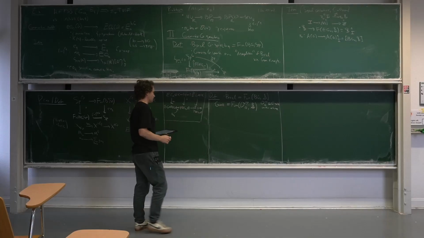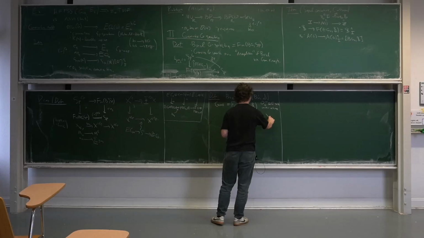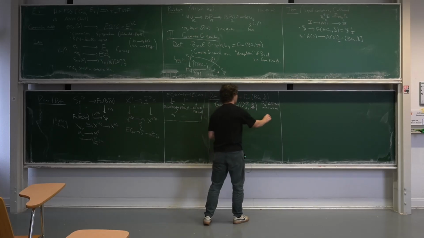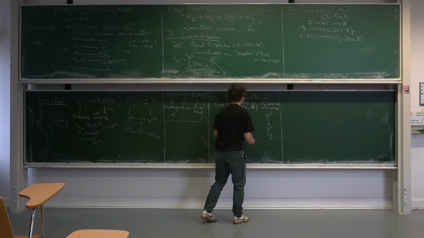Okay, so for example, if I take my group to be CP again, then a genuine CP space is a diagram like this.